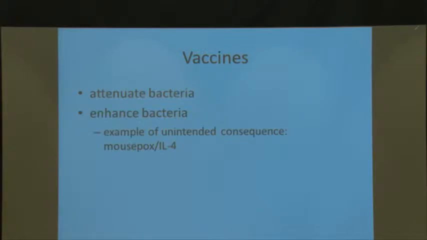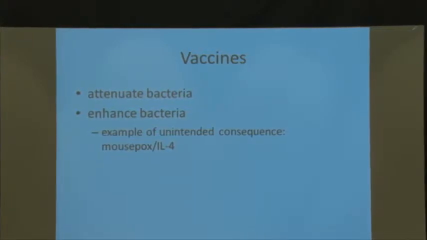The idea they had was to take this virus called mousepox, which is a natural pathogen of mice and is in the same family of viruses as smallpox, and they wanted it to express a gene which is an immune modulator. They thought this was going to make the virus better at eliminating these mice.